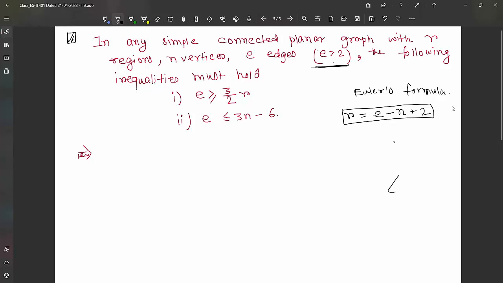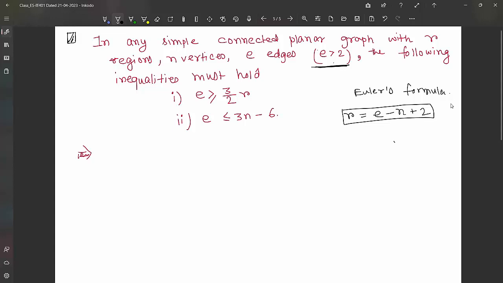But since here this is a simple connected and planar graph with R regions, where there are also bounded regions, it will be better if we also put the bounded concept here.